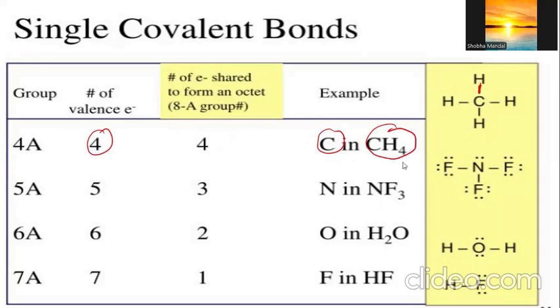Because it shares one electron each with the hydrogen atoms, 4 single bonds are formed. In the second example, NF3, nitrogen has 5 valence electrons and shares 1 electron with each fluorine atom, and each fluorine also shares 1 electron with nitrogen. So 3 single bonds are formed between nitrogen and fluorine.